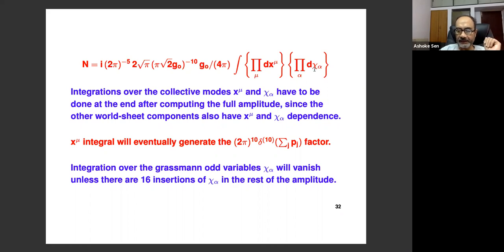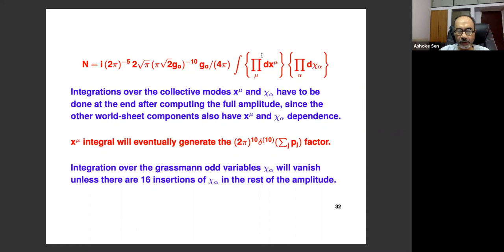Because it's an integral over Grassmann variables without any saturating chi. So what this is saying is that unless there are 16 insertions of chi alpha in the rest of the amplitude, this integral vanishes.